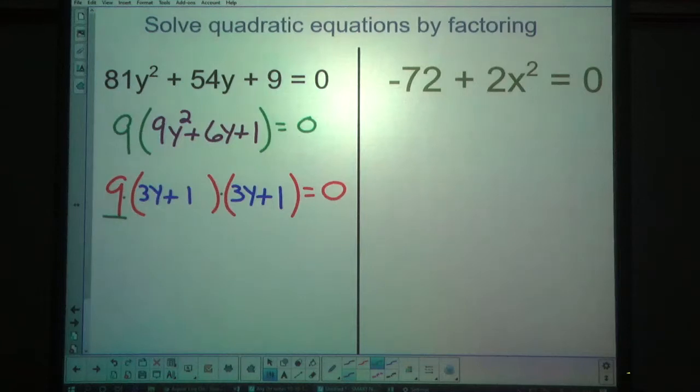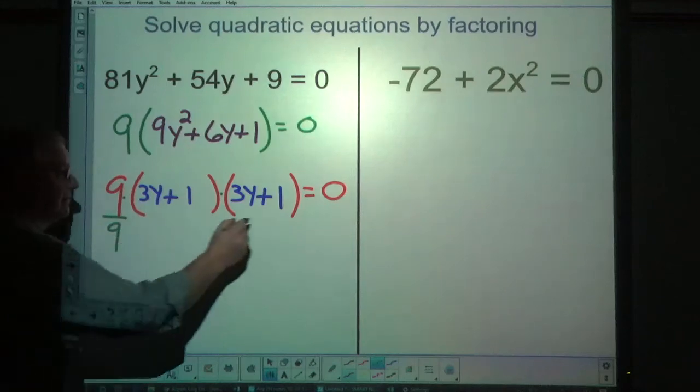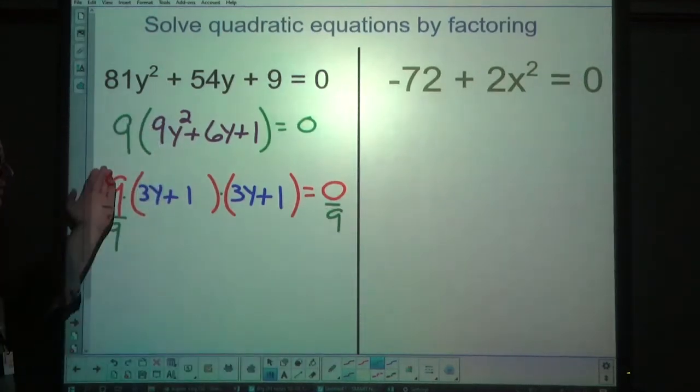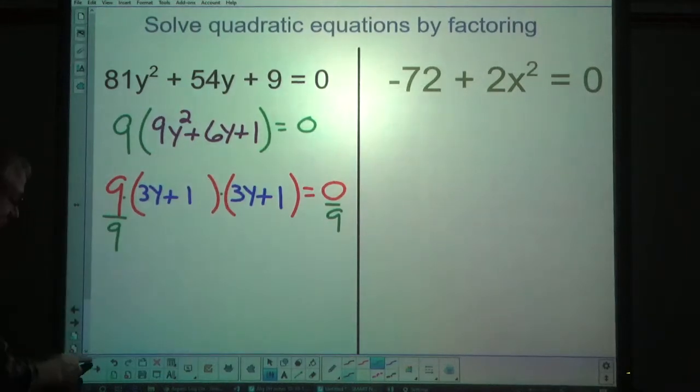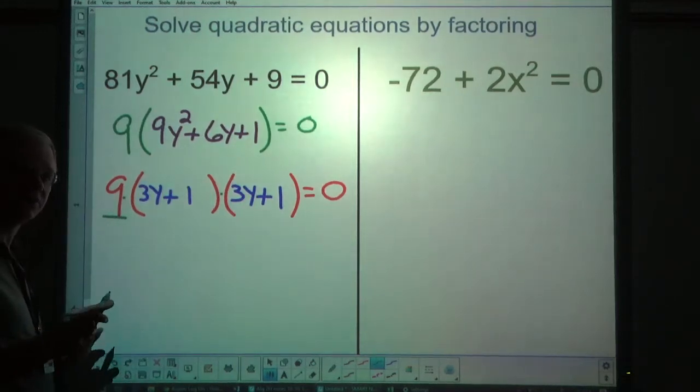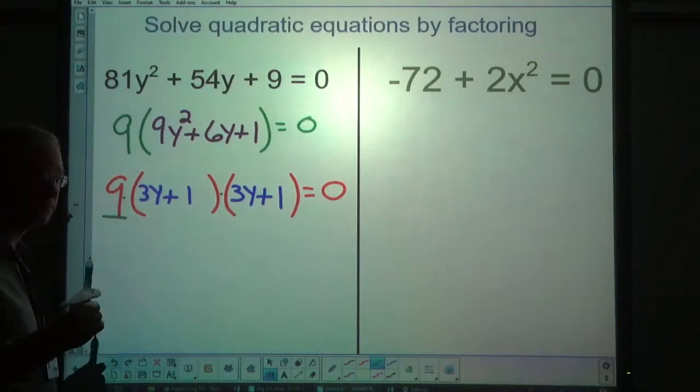And no, it can't. So we're not going to have 9 equal 0. And by the way, technically, if you want to get rid of 9, you could always divide both sides by 9, and you'd end up with the 2 parentheses equal 0. I'm not going to bother to do that. I'm just going to leave it and basically ignore the 9. But you could get rid of it if you chose. But if it's got a variable, don't get rid of it.